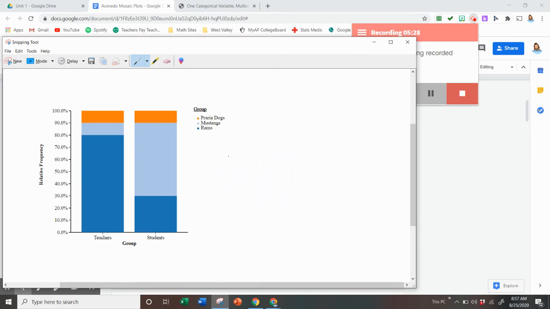Well, if we're to think that the students were sampled 5 times more than the teachers, we could think of it as adding 5 more bar graphs or segmented bar graphs.